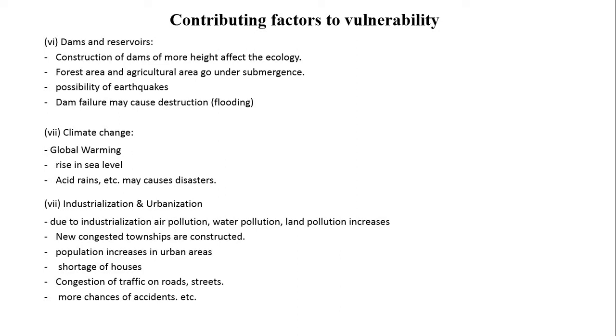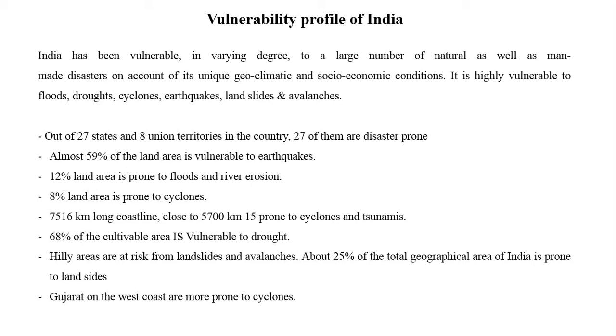Now, the vulnerability profile of India. India has been vulnerable in varying degrees to a large number of natural as well as man-made disasters on account of its unique geoclimatic and socio-economic conditions. It is highly vulnerable to floods, droughts, cyclones, earthquakes, landslides, and avalanches.